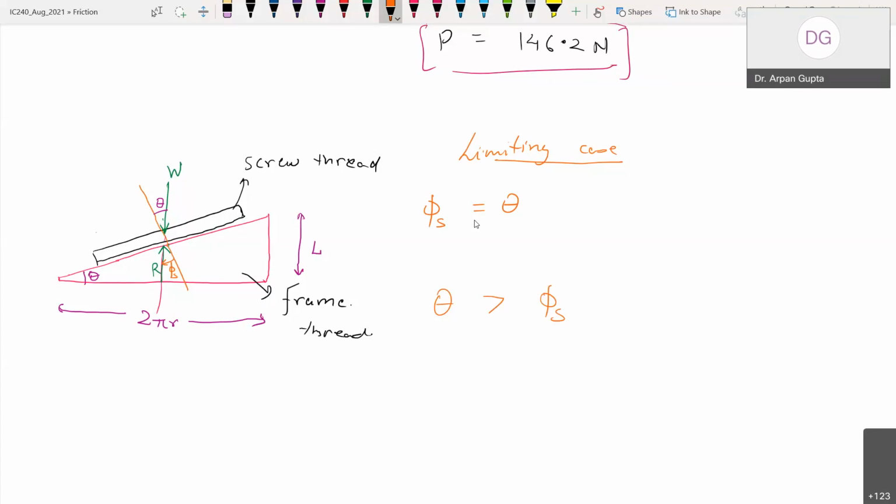In our case, if theta is greater than phi s, then we will call this as the screw will unwind automatically.